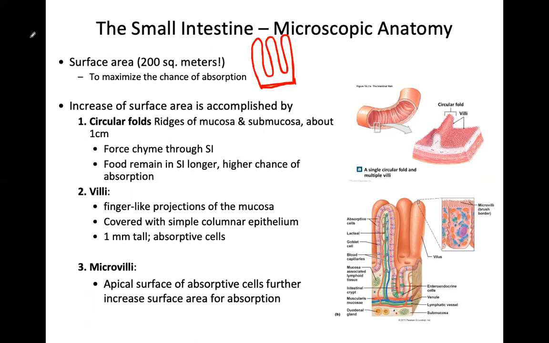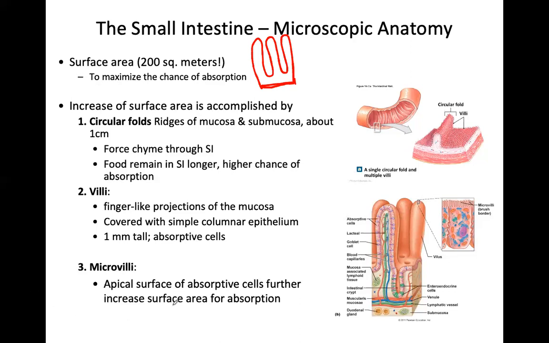We mentioned that the villi are made up of simple columnar epithelium, which is shown right here as we zoom into this villus. You have these long cells in one single layer, which are your simple columnar epithelium. On their surface, you can see these little finger-like extensions. These are on the surface of the cell, and they are called microvilli.